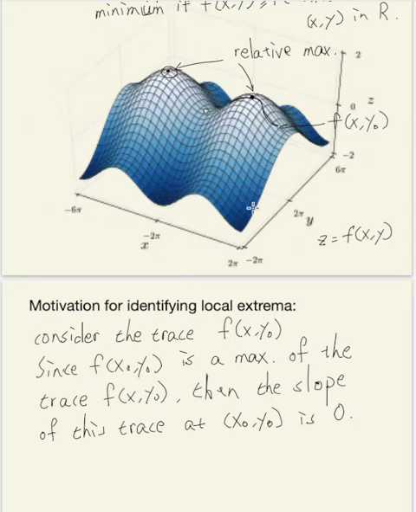That comes from simple 1D calculus. If we have a function of one variable, then at either a local minimum or maximum, we get 0 derivative or 0 slope.